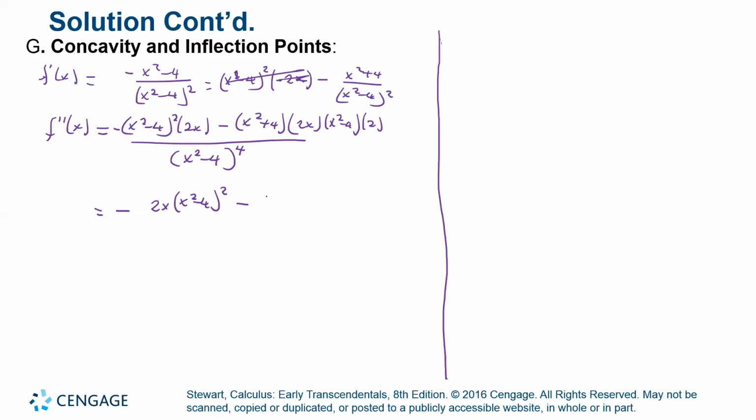So this will give me 4x. Then I have x squared plus 4 times x squared minus 4, so I have 2 times this and that, and then divided by x squared minus 4 all raised to 4.